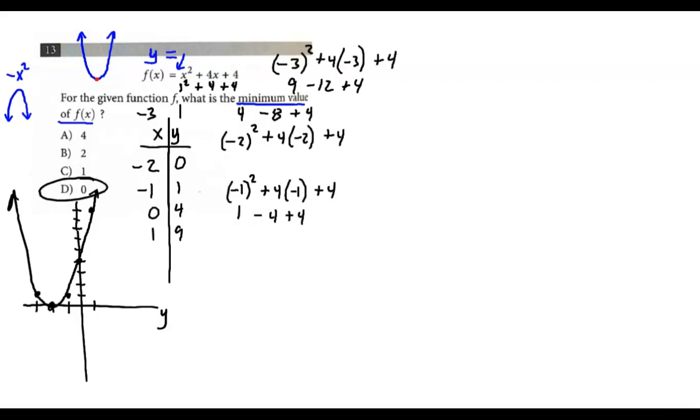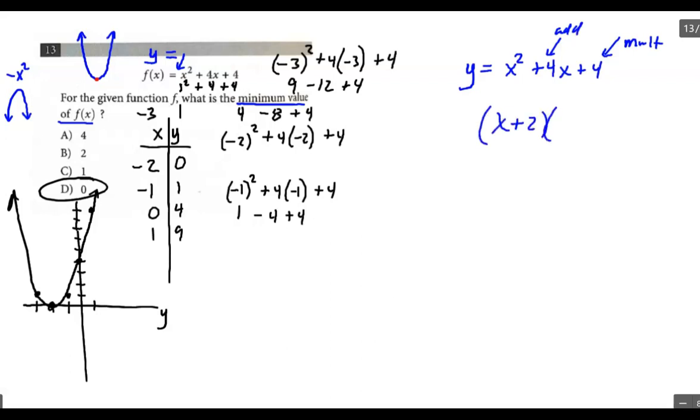Now, there's a lot faster way to do this. You could factor this really quickly. So if you're good at factoring, you have y equals x squared plus 4x plus 4. And this factors out, if I'm trying to find two numbers that multiply to make that number and add to make this number, well, x plus 2 times x plus 2 would work. All right?